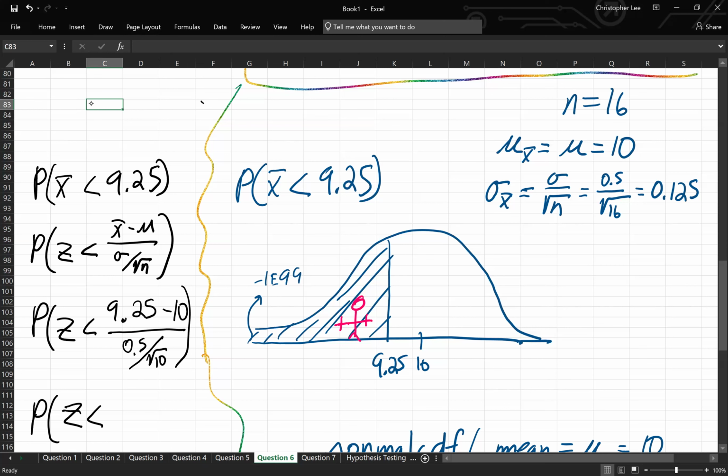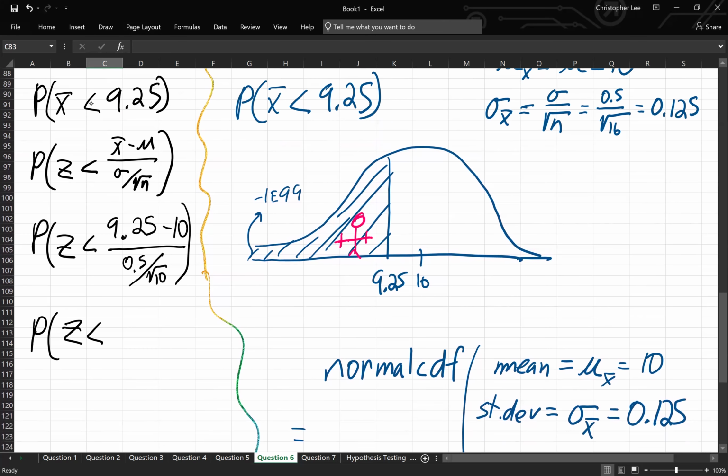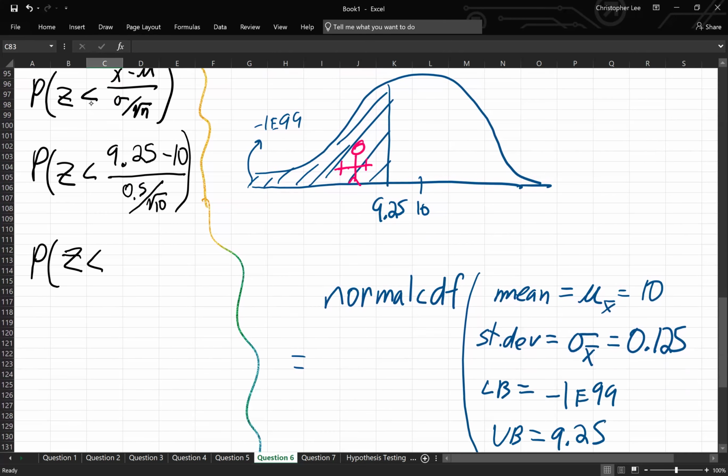All right, this is just for those who are not using the regular calculator. Go ahead. What did you get? Remember now, to type this in your calculator, it's open parentheses 9.25 minus 10 close parentheses divided by open parentheses 0.5 divided by square root 10 close parentheses, close parentheses.